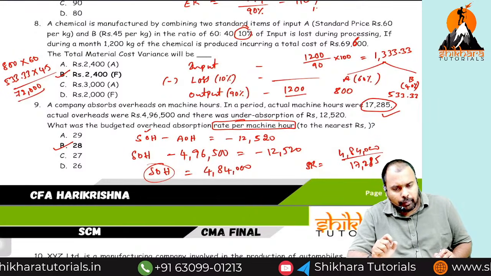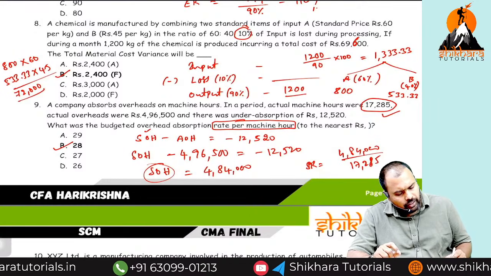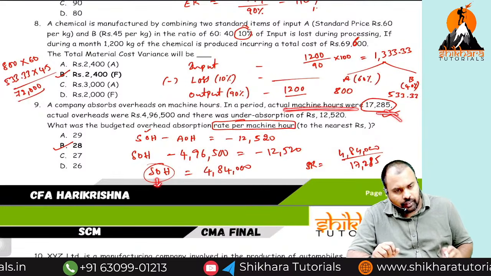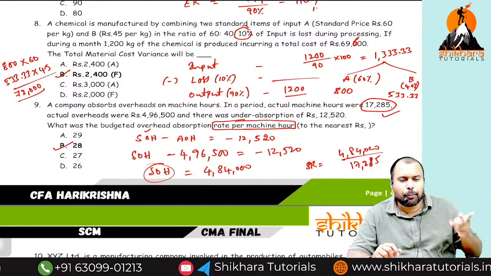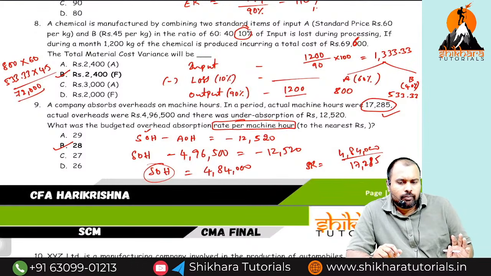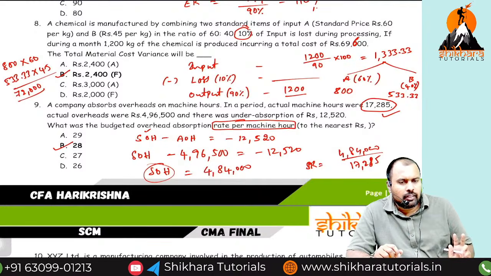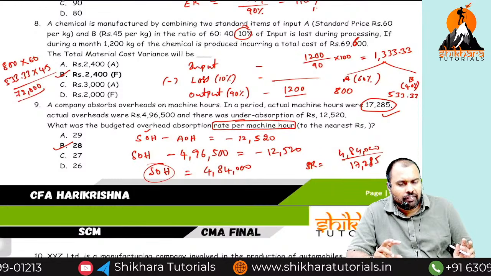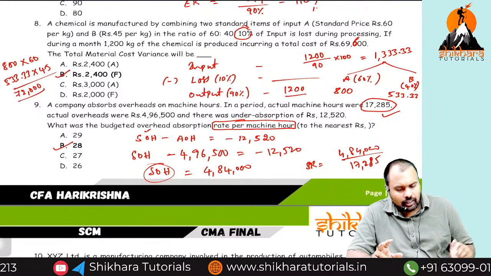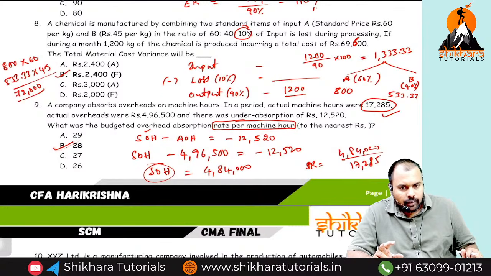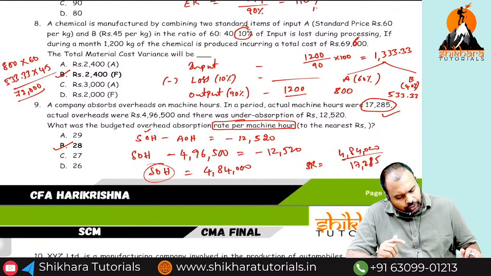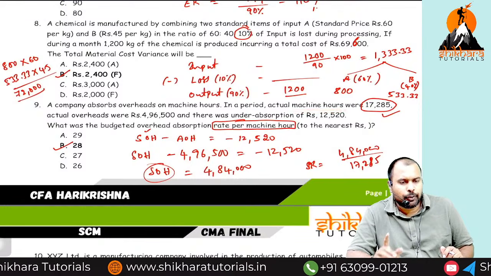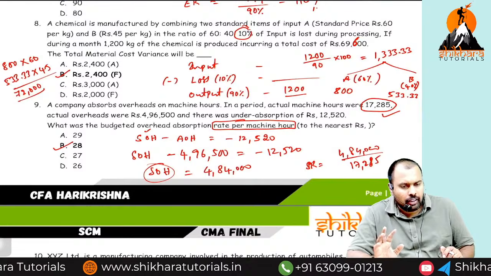But I don't know, in CMA some MCQs they are giving like this only, based on actual machineries, which is absolutely wrong, sir, because SOH is always for budgeted rate on actual output, not for actual machineries. That is definitely a mistake, but we are supposed to follow the same thing, because we have observed many times that they're giving similar questions, similar MCQs, and answers also they're framing based on that only. But definitely, sir, we should not take based on actual machineries. It is always based on actual output. There is a lot of difference between actual machineries and actual output.